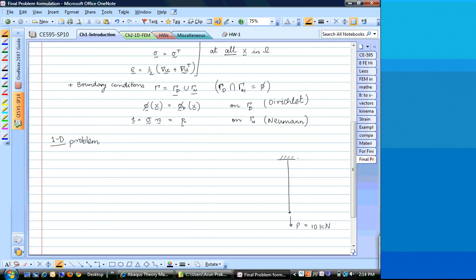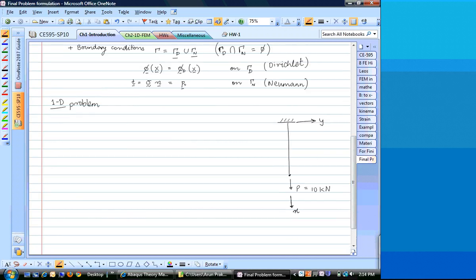Let's say this here is the y-axis, and this going down here is the x-axis. So given this geometry, let's say the length of the wire is L. Given this geometry, the material is, let's say again, linear elastic.